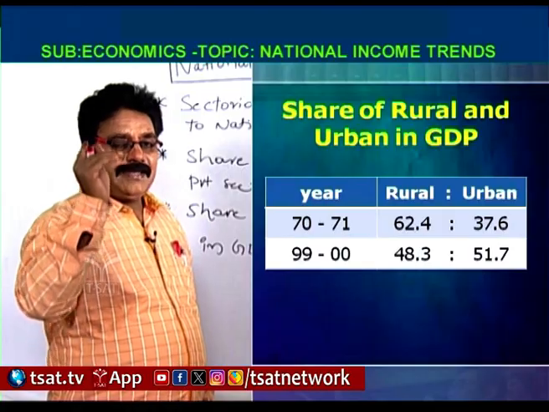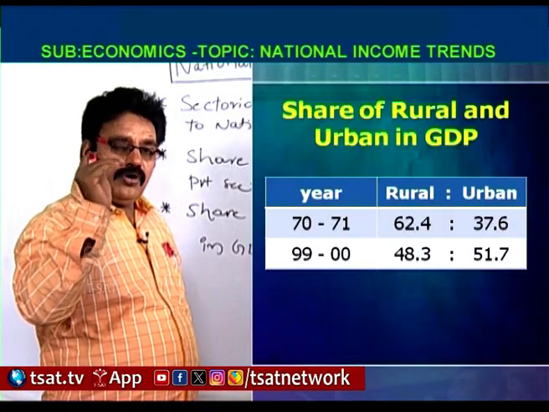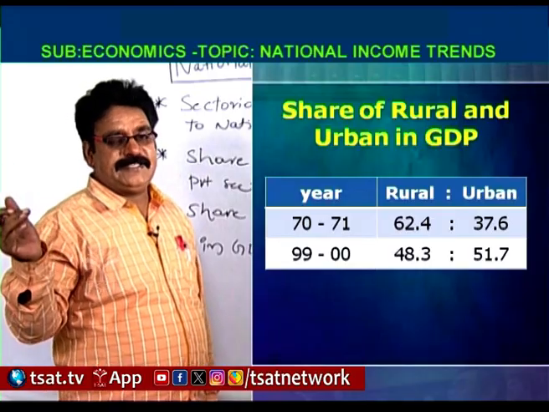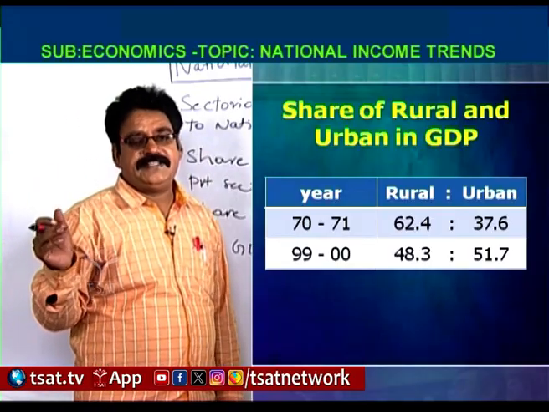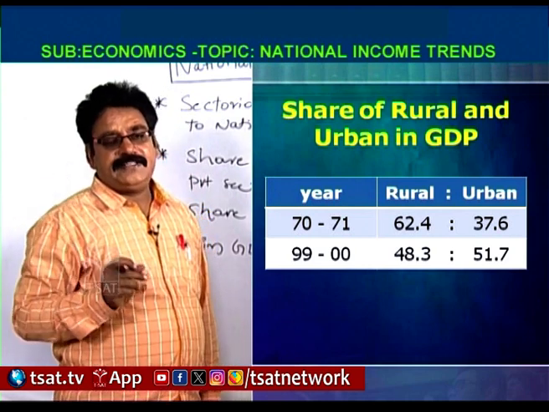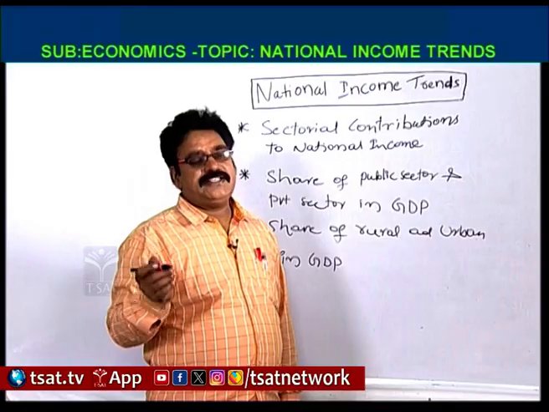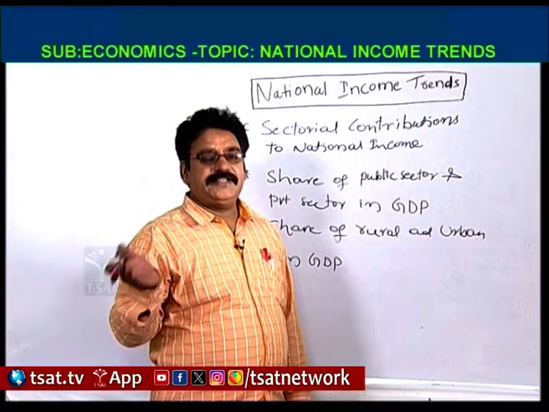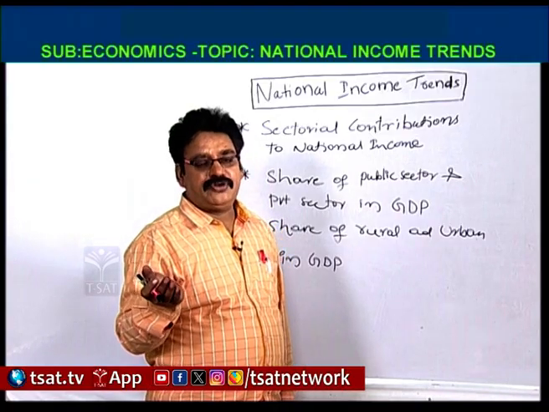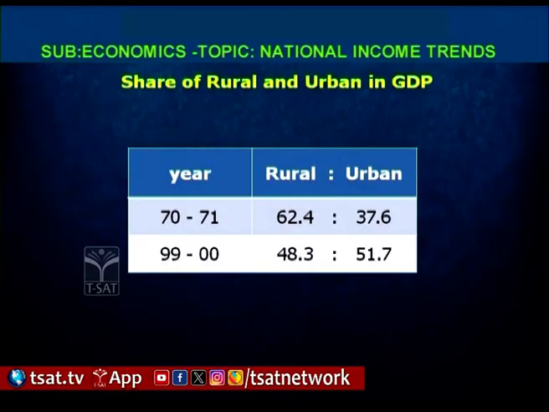That means the role played by the rural sector is decreasing and urban is increasing. We can interpret it like this: earlier, during 1970-71, most people were engaged in the agriculture sector, so the rural sector contributed more. Now, according to 1999-2000, it has decreased to 48.3%.